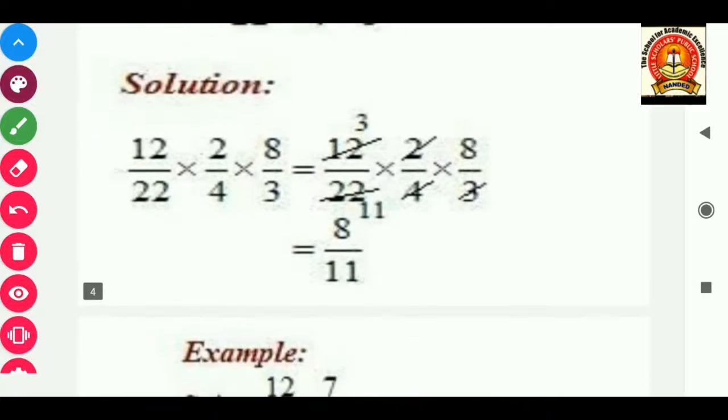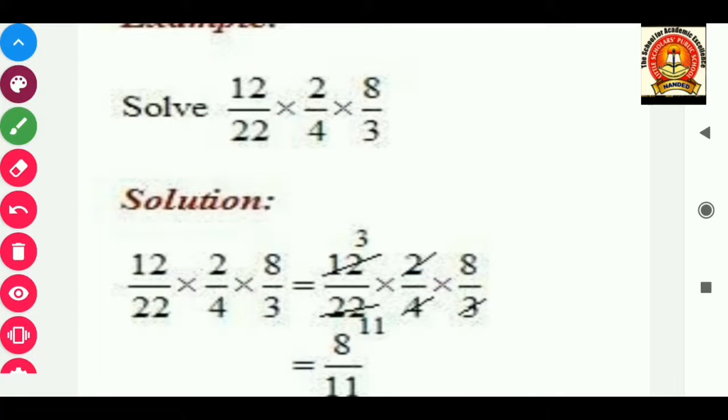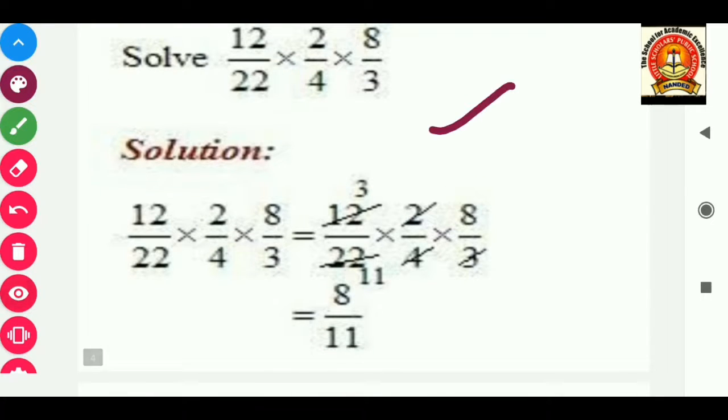Moving to the next example. In this example, now you have 3 fractions you need to multiply. These 3 fractions you can simplify, like here I have divided this 2 with this 22, so I got 11.